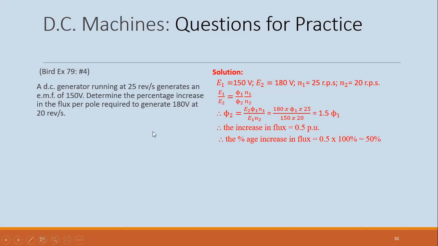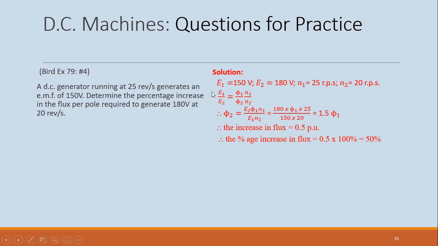All right, so if we call the 150 volts E1, where it was first, E1 will be 150 volts, E2 would be 180, N1 would be the 25 revs per second, and N2 would be the 20 revs per second.